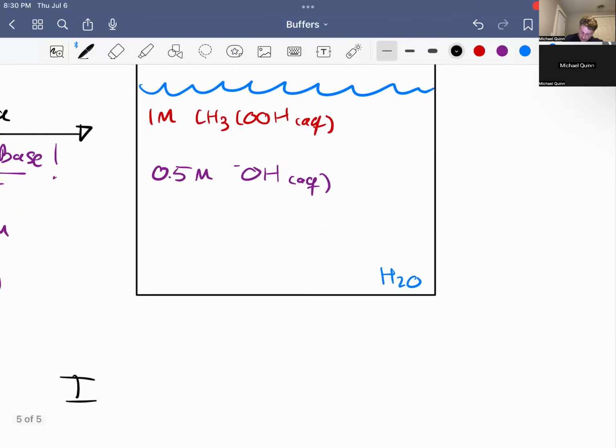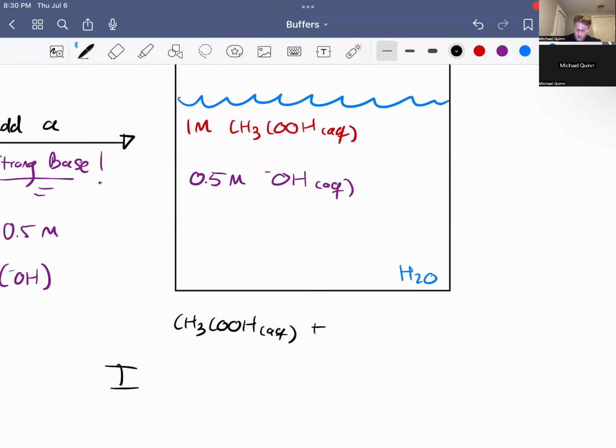So our acid is CH3COOH aqueous. Now, in previous reactions, we have reacted CH3COOH with water. However, we need to note that water, whether it's acting as a base or an acid in a Ka or Kb type expression, is weak.